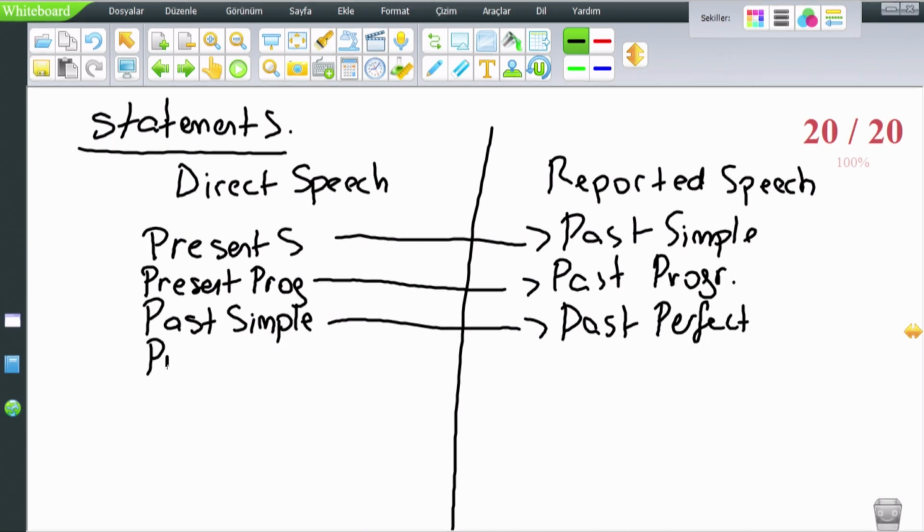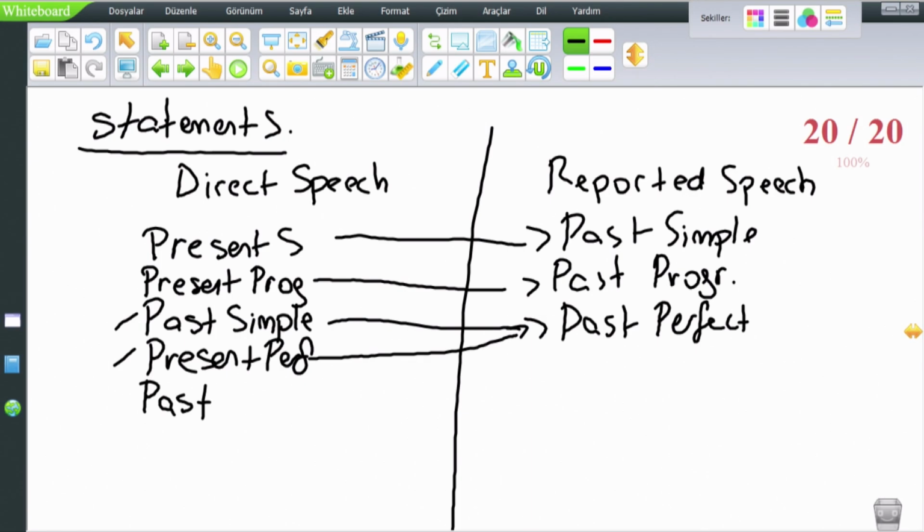Also, if the direct speech is built with present perfect, I will again rewrite that sentence using past perfect. So both of these tenses go to past perfect.